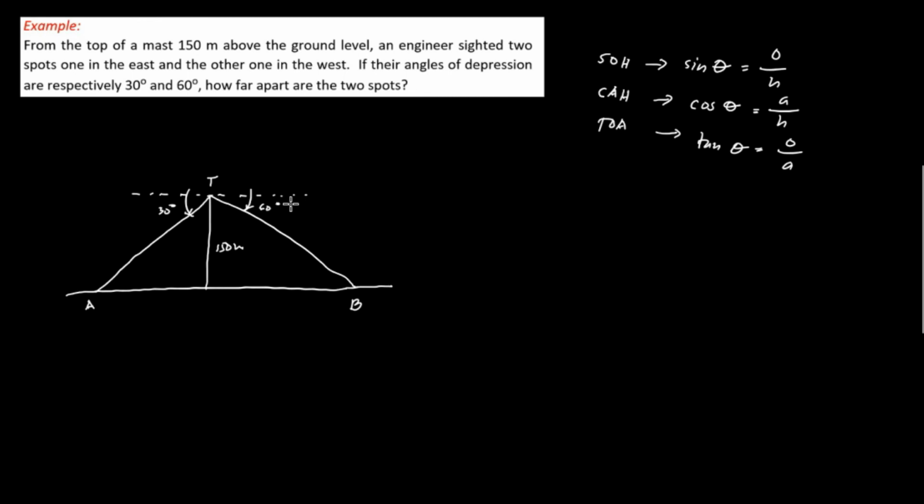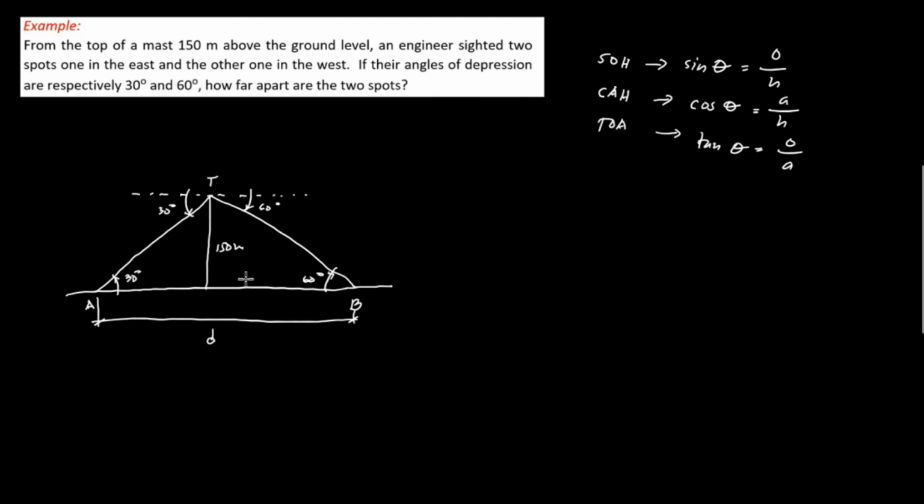How far are the two spots? We will find the distance from A to B and designate this as D. If this is the angle of depression, therefore this angle is also 30 degrees, and the other side is 60 degrees. Therefore, at point B, this is equal to 60 degrees.